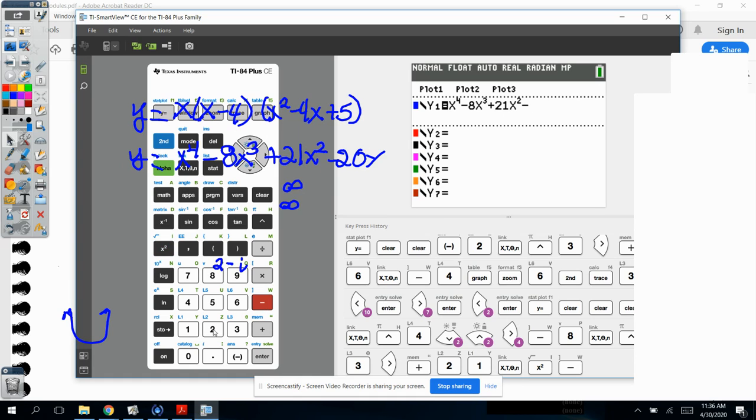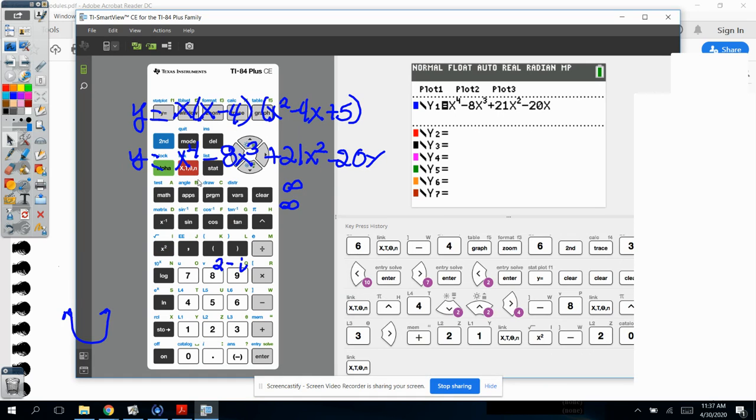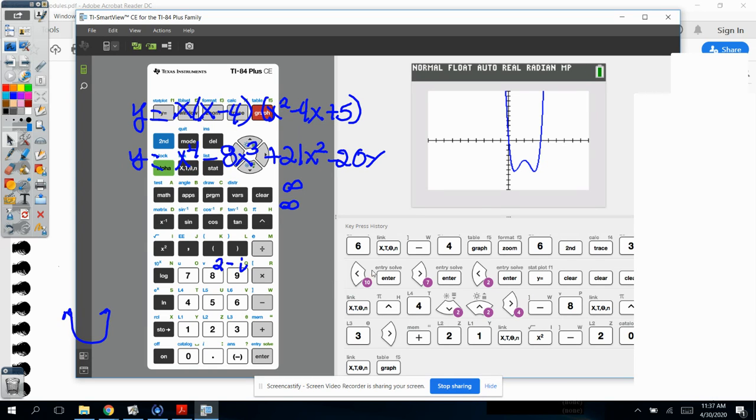Minus 20x. Okay, take a look at the graph. So it is up and up. There's little bumps here, and the wiggles away from the axis usually mean there's imaginary numbers. So there's the two real guys at 0 and 4, and these are the wiggles.